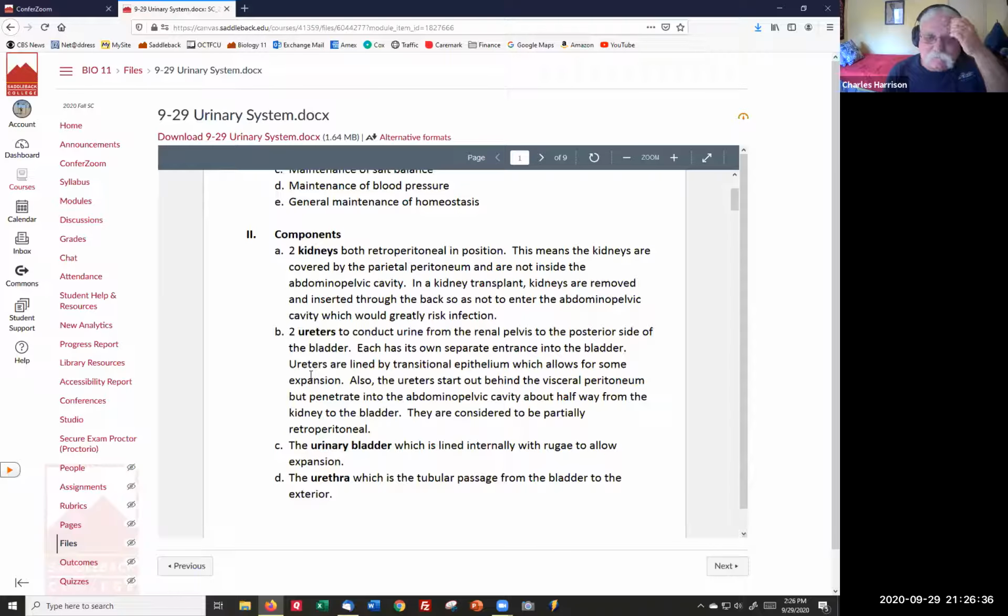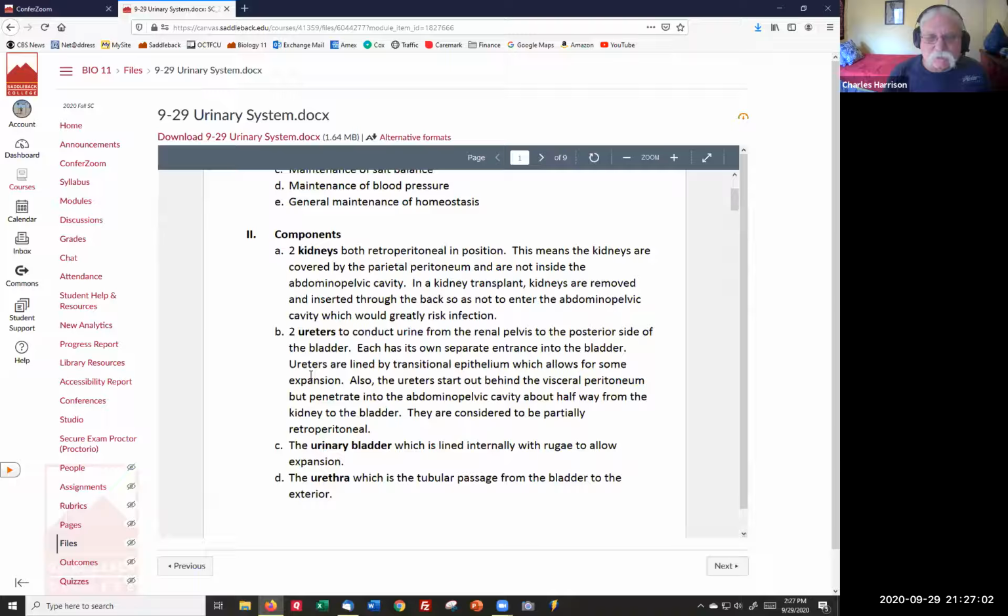All the rest of your abdominal pelvic organs are inside the abdomen, on the abdominal side of the parietal peritoneum. But the kidney is not. It's protected somewhat from infection by being on the opposite side of the serous membrane, the parietal peritoneum.